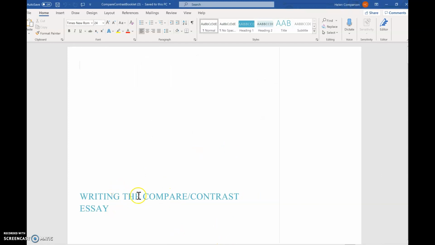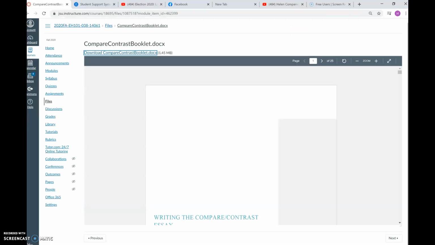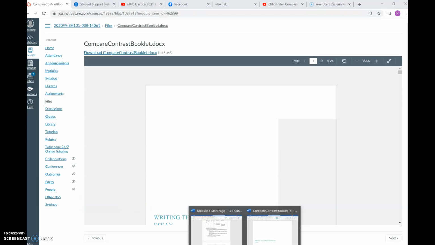I make these for you guys so that you'll have all the tools necessary to write a compare, contrast, or whatever mode we're working on. This one has a lot of really helpful information in it, so definitely make sure you look at it if you haven't already, because it'll cover more than I can do here while talking. Okay, let's go back over to the start page.